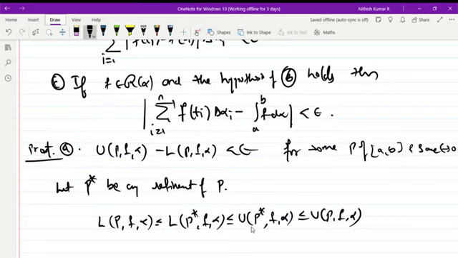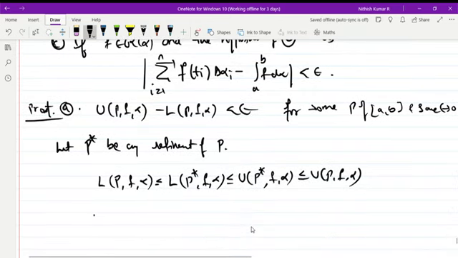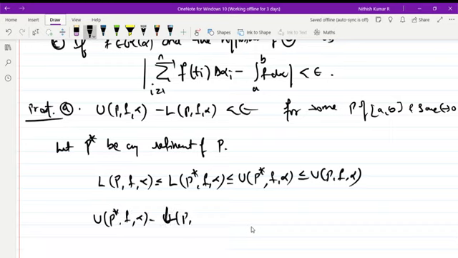Now using this relation, U(P star, f, alpha) minus L(P star, f, alpha): U(P star, f, alpha) is less than or equal to U(P, f, alpha), but L(P star, f, alpha) is greater than or equal to L(P, f, alpha), so minus L(P star, f, alpha) is less than or equal to minus L(P, f, alpha).